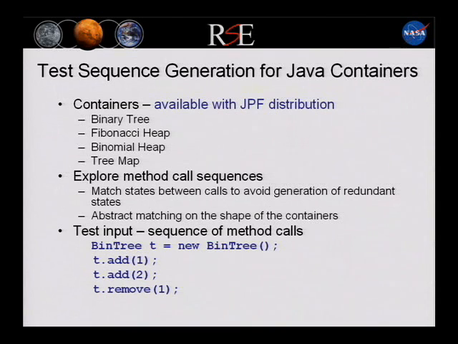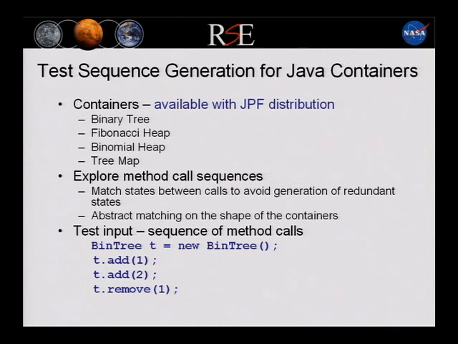What we aimed for here was to explore method call sequences with the help of Java PathFinder, and to match states between calls to avoid generation of redundant tests. And also we experimented with performing abstract matching on the shape of the containers.